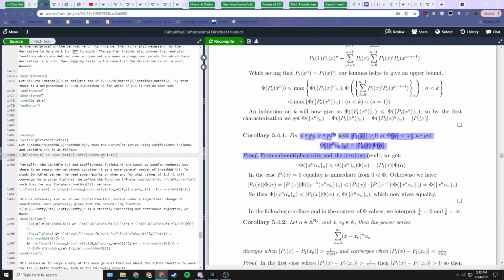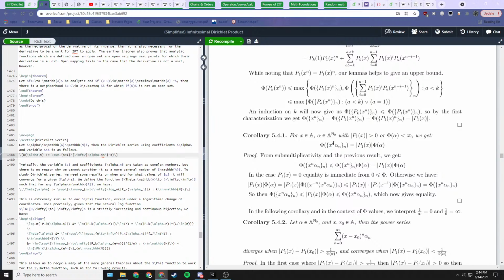This result. We have the sum of x to the n times alpha sub n is equal to p1 of x times phi of alpha. This is what we had. This works for sequences of x to the n.